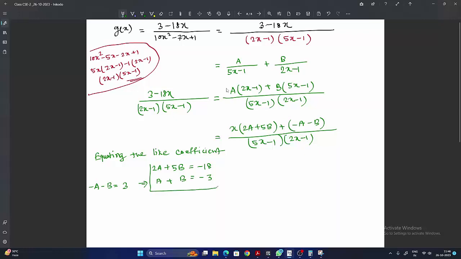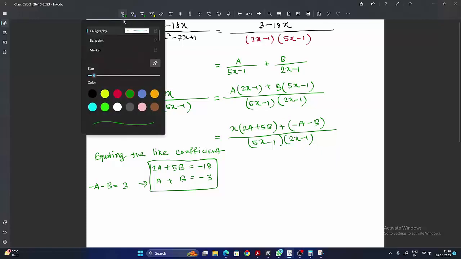So now you have to solve these two equations to find the values of a and b. So how to solve it? What are the values after solving?